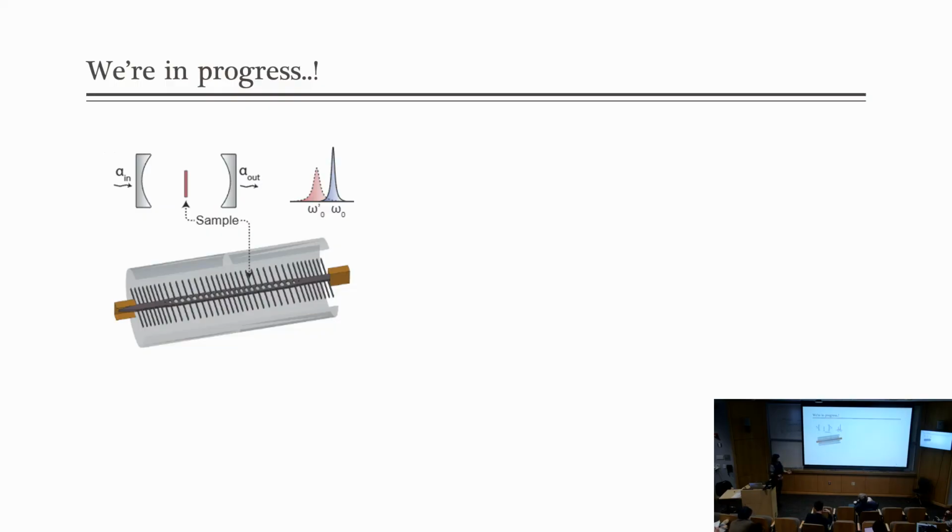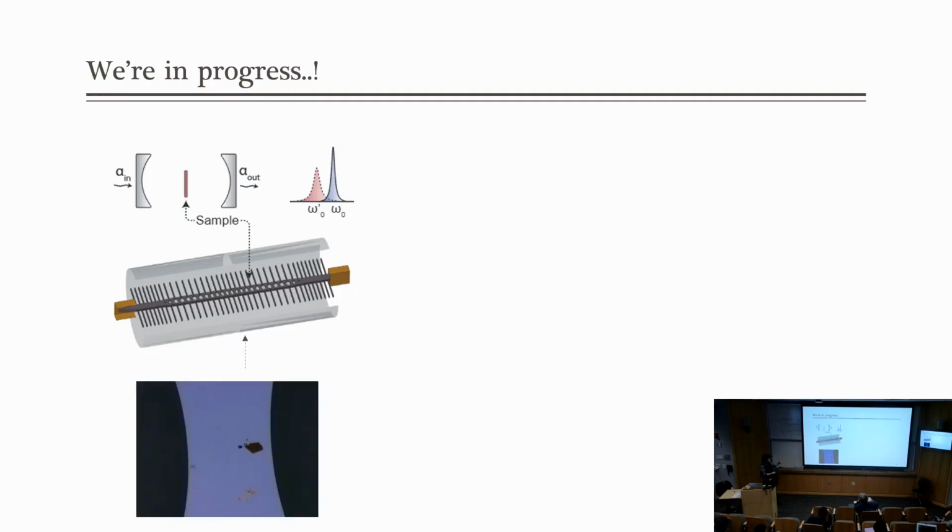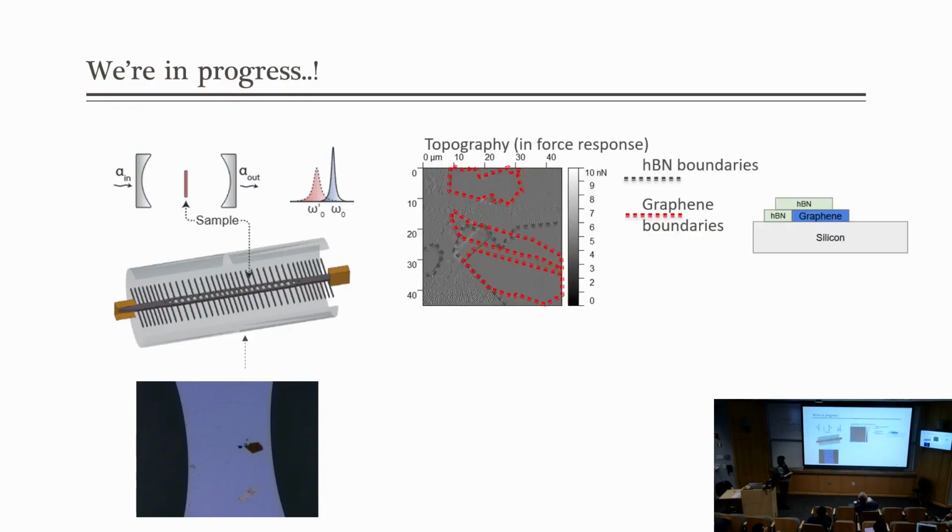Technically, we have been making some progress. Because we want to go to higher frequency, the higher the frequency is, the narrower it gets, and also we want to be able to tune the frequency such that we can see the resonances very clearly. And that will give us two axes. So recently we've been able to make some tunable silicon photonic cavities. We put a 2D sample onto it, and then we measure the topography.